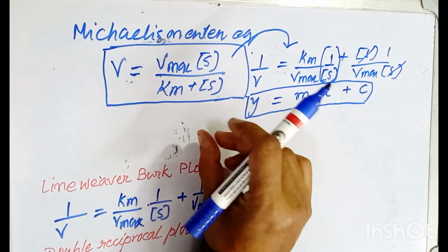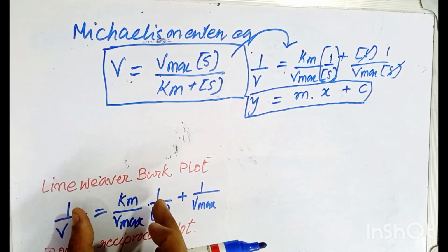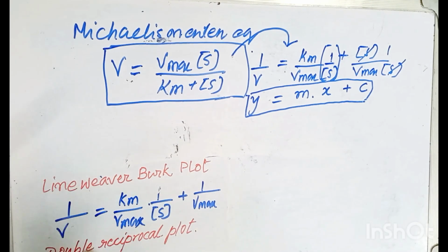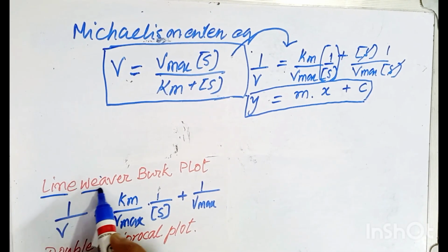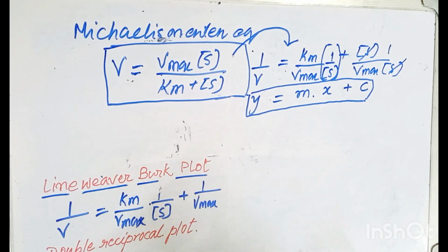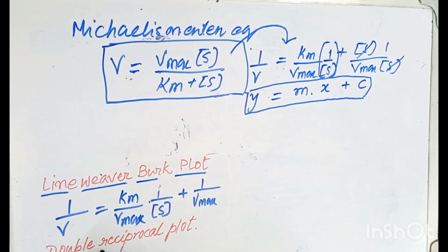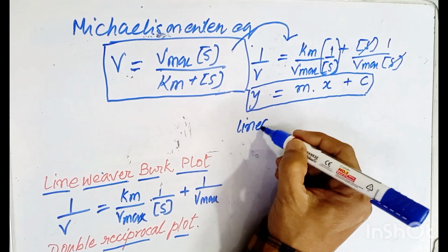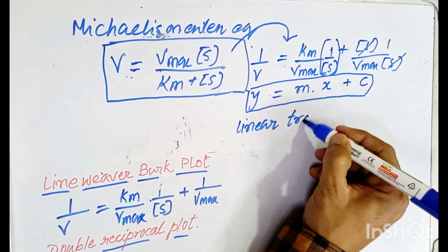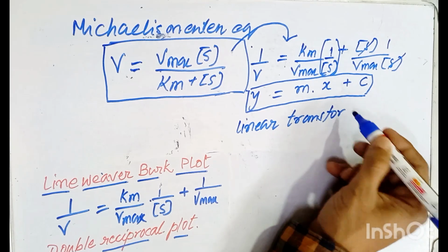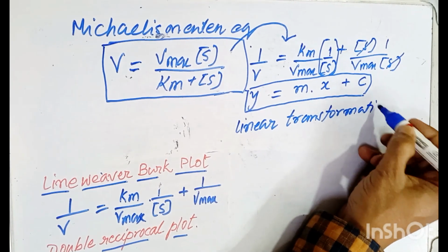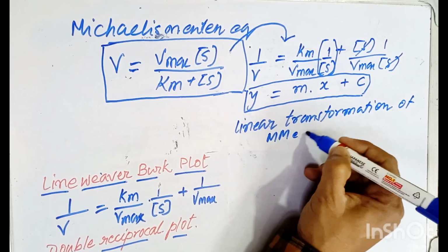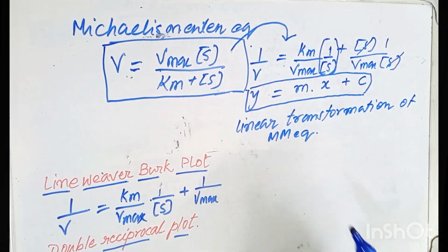This was done by Lineweaver and Burk, so it is the Lineweaver-Burk plot, or the double reciprocal plot, or the linear transformation of the Michaelis Menten equation.